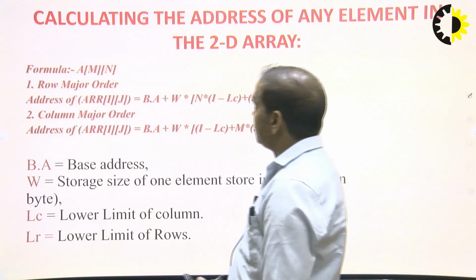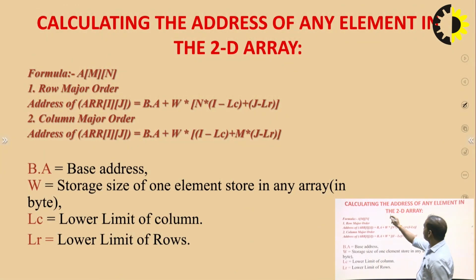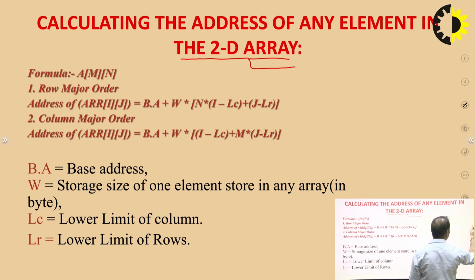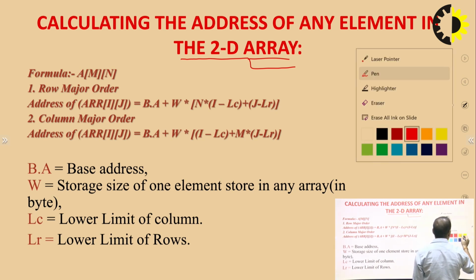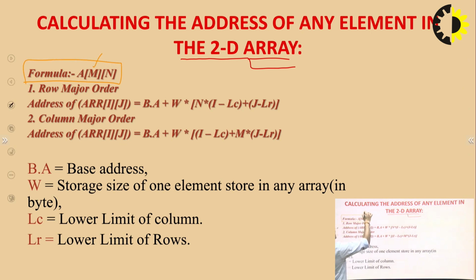Now, calculating the address of an element in a two-dimensional array. This is the formula which is used to calculate the address in a two-dimensional array. Here we have a matrix in the form of 2D, and the matrix is A, M, N. M is called rows and N is called columns.